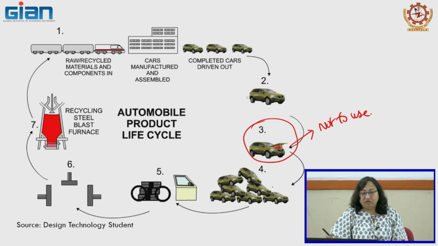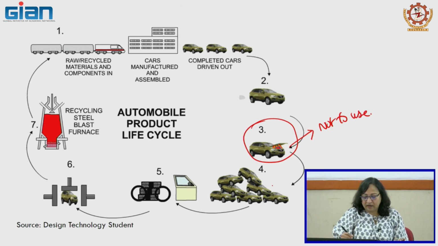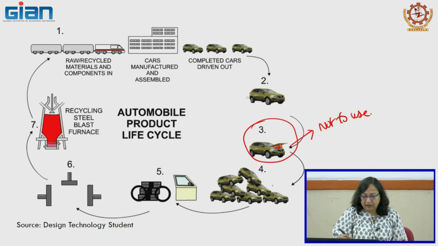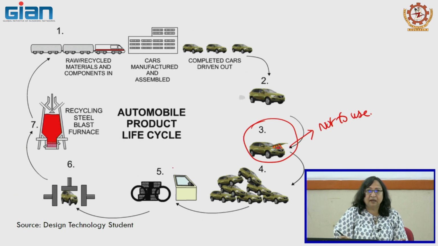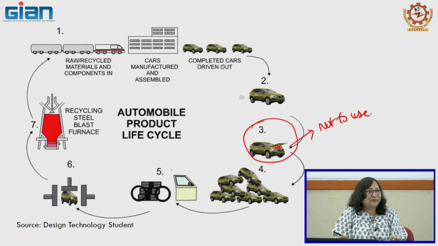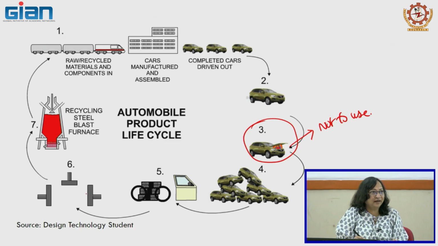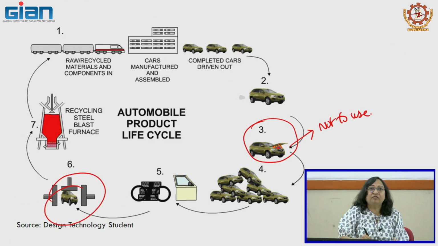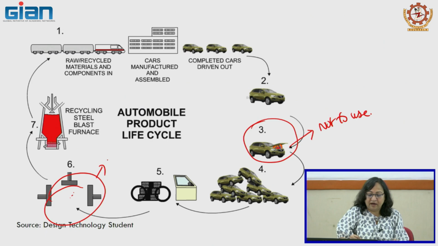You are sending it for scrapping, then tires and other things are taken out, dismantling, the tires are going to be sold separately, engine can be sold separately. That is what our person is doing here, they are just crushing it, am I right? They are doing this. So much of value is generated from this, here value generation.